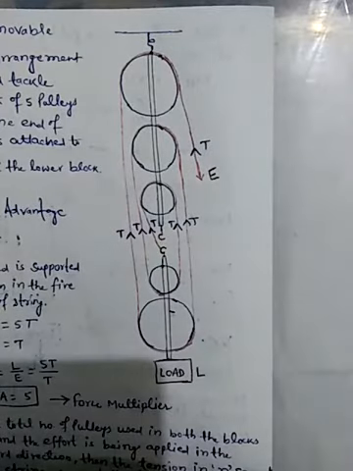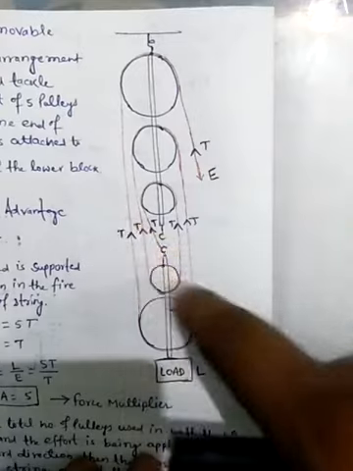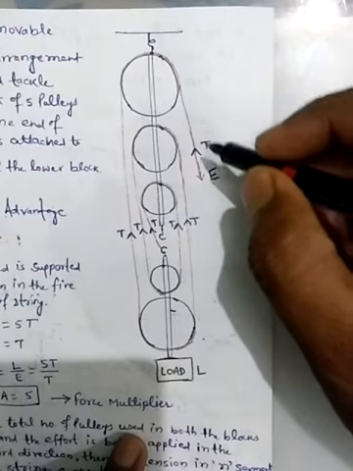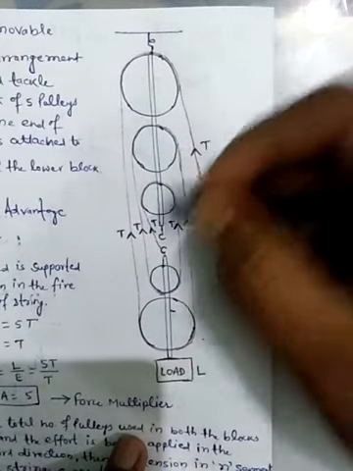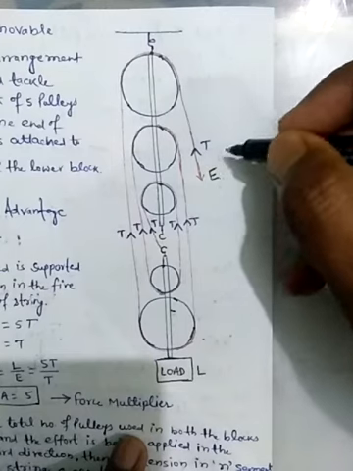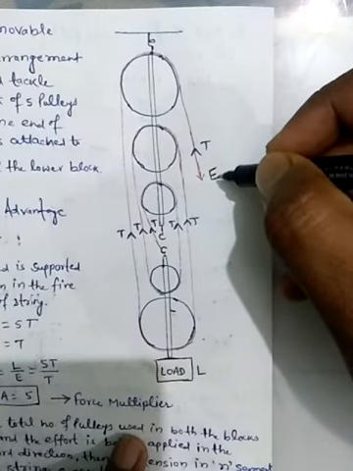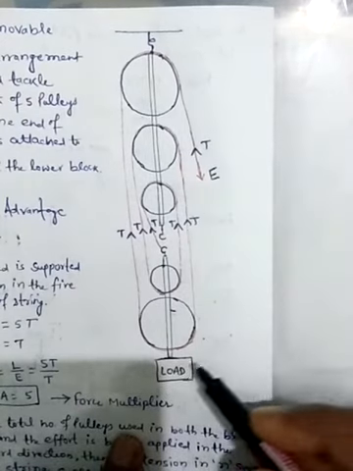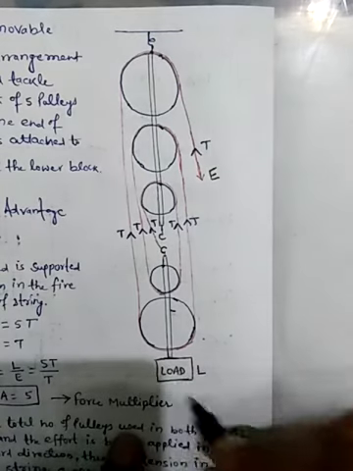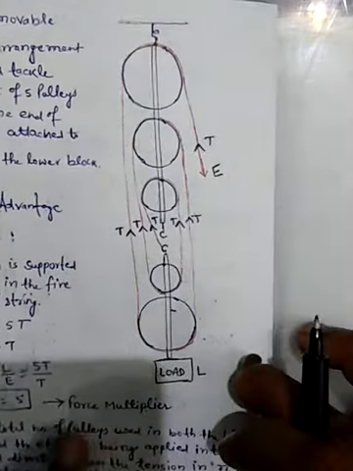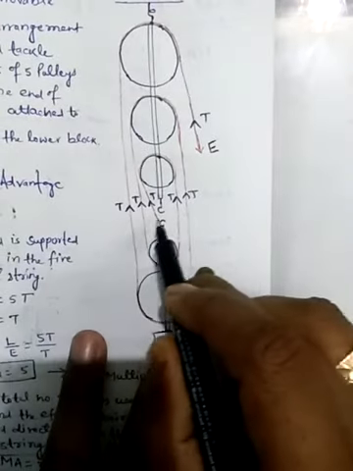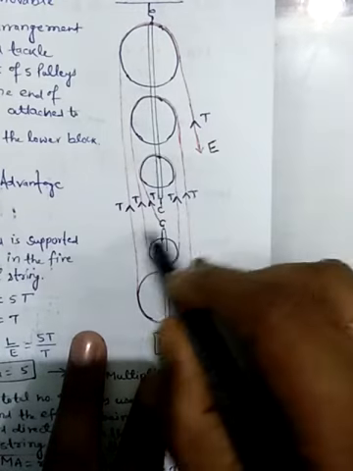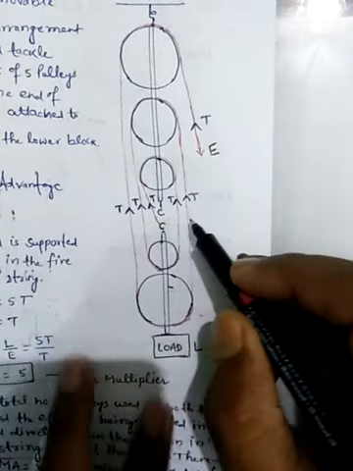Here, because the string is the same throughout the system, therefore tension T is applied in this system on the string. At the effort end, tension acts opposite to the effort, and the load is balanced by these five segments in which tension is applied.